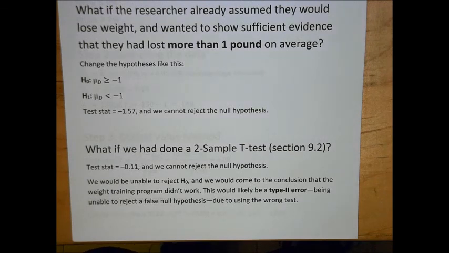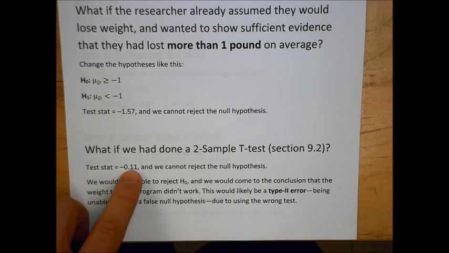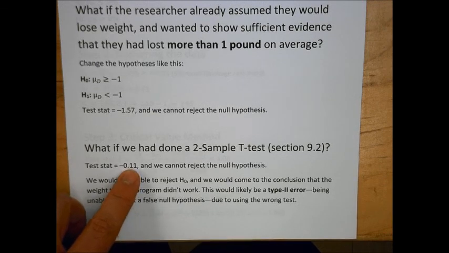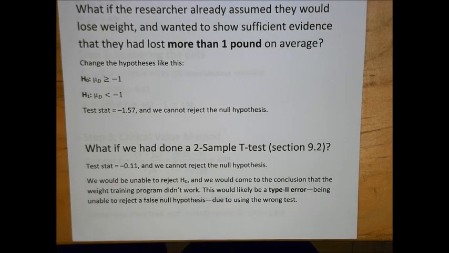Another what if. What if we had accidentally done a 2-sample t-test from section 9.2, treating the April and May weights as independent samples? If you punch that into your calculator, you'll find that the test statistic is very, very close to 0, indicating no statistical significance at all, and we cannot reject the null hypothesis.